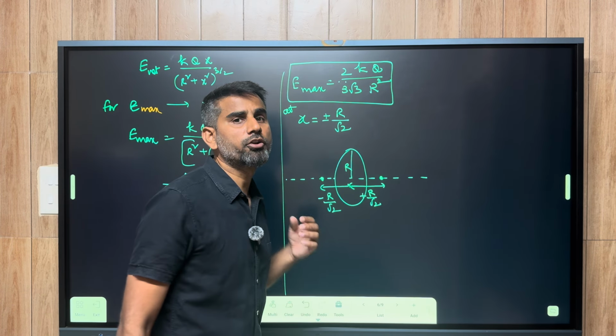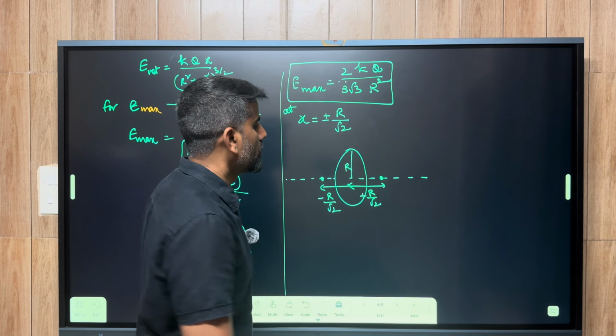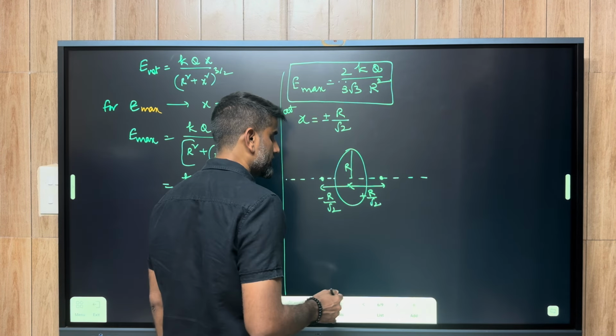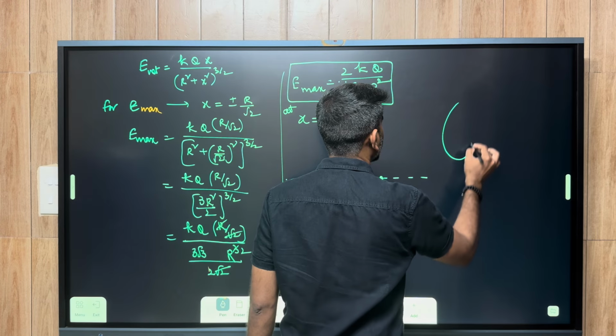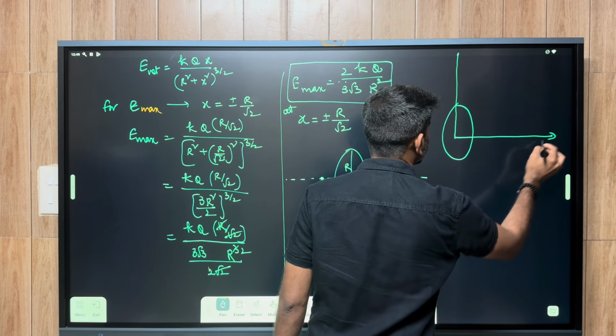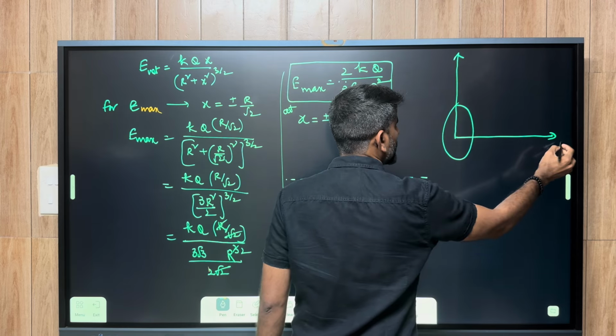Now let's move ahead and draw the graphical representation of the electric field, which is an interesting thing. So this is the ring, this is the y axis, and this is the x axis.